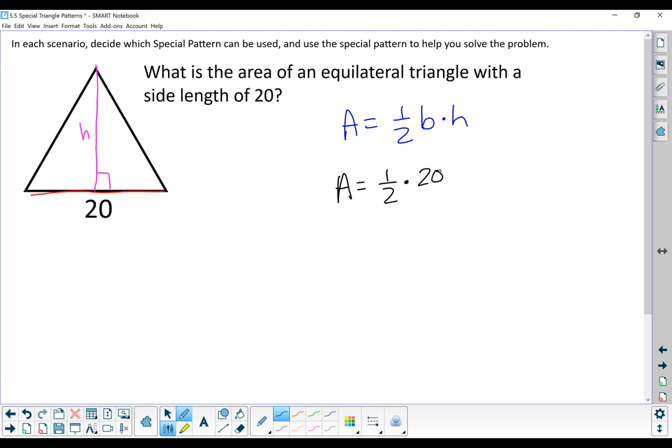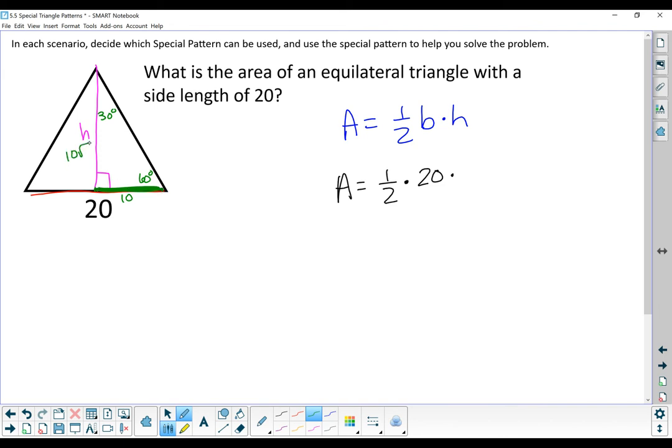The base is 20. We need to calculate h. Okay, so if this was an equilateral triangle to start with, then this portion of the edge of the triangle would be half of it, which is 10. And this is a 60-degree angle. This is a 30, 60, 90 special right triangle. The short leg right here at the bottom is 10.